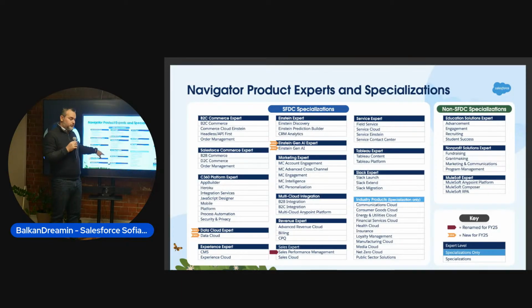If you want to talk about anything else, any question for that? Okay. And here are all the special expertise and specializations in Salesforce. The classic ones, we have Data Cloud. Forget about Einstein, they killed it this year; they rename everything, especially this year.